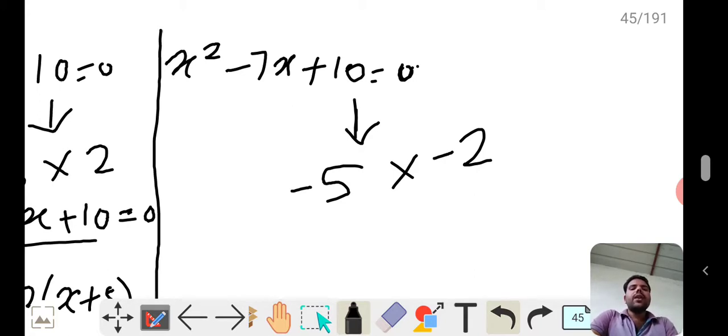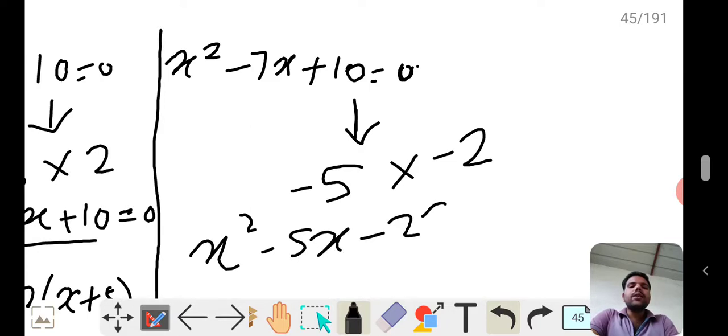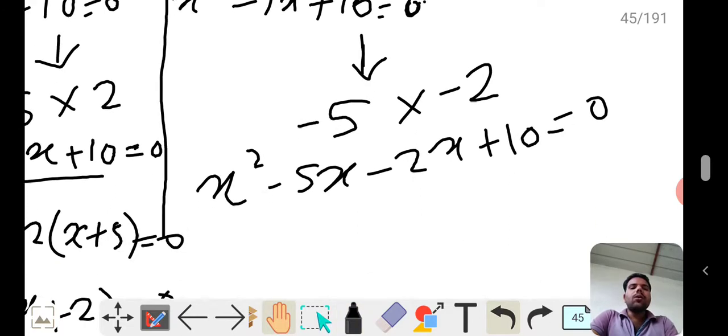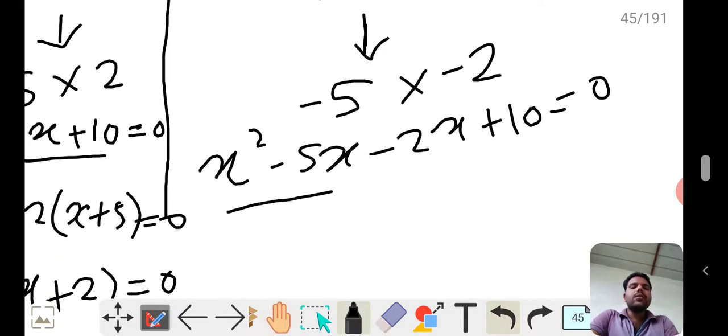So we can write the above equation as x square minus 5x minus 2x plus 10 is equal to 0. Now we can solve this equation. We take out x, giving x into the bracket x minus 5.